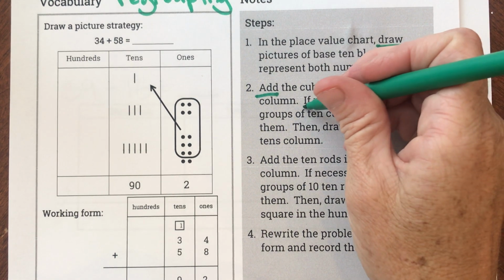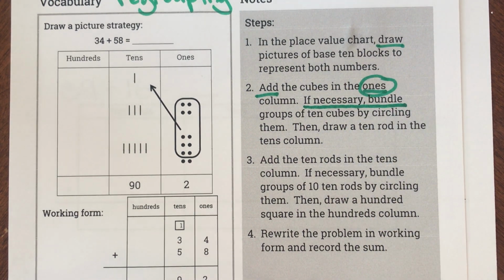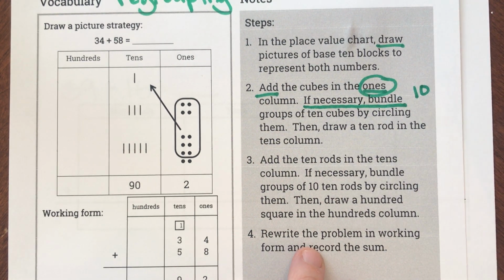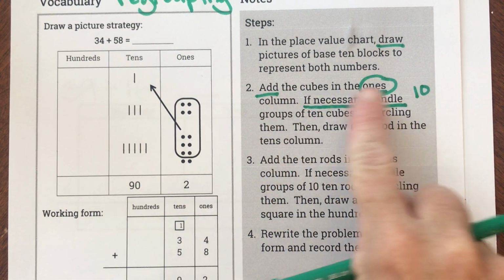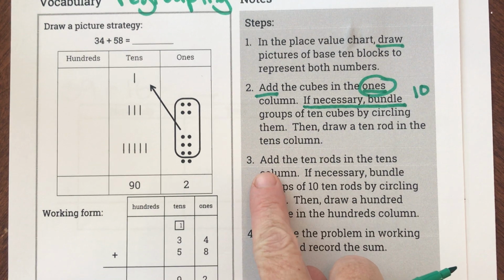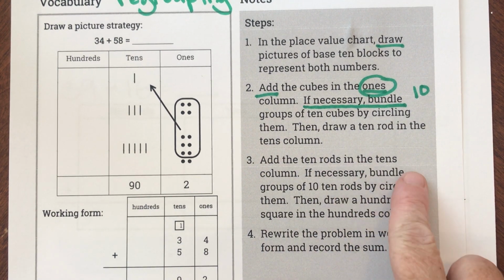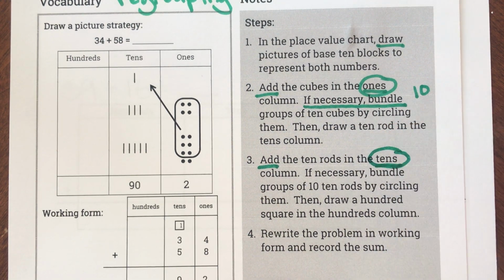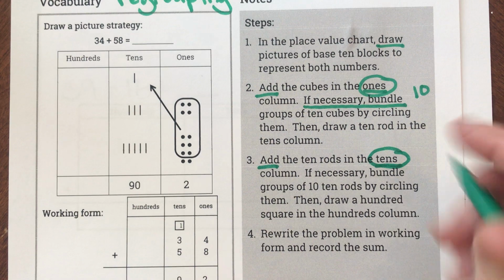And then right here it says, if necessary, bundle. So we only bundle if we have to. And when do we bundle? When there's 10. After we add the ones, it says add the 10 rods in the tens column. So then we're going to add tens next. And again, it says if necessary, bundle.